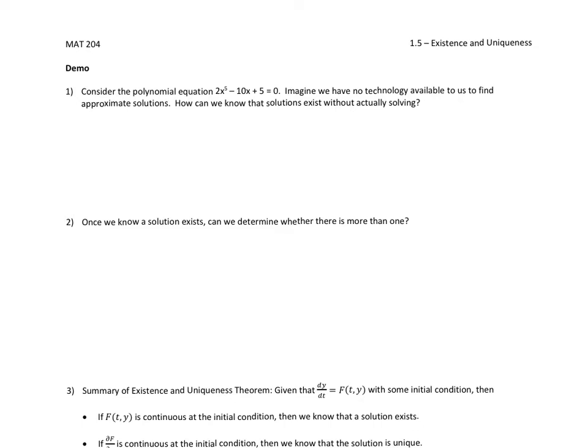So I could look at a couple of different x values. I'm going to look at -1 and 1. If I plug -1 into the polynomial, I'll call this f(x) = 2x^5 - 10x + 5, I get 2 times (-1)^5 minus 10 times -1 plus 5, which is 13.